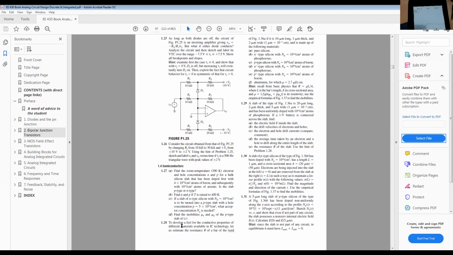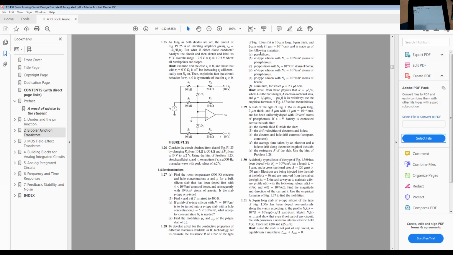To develop a feel for the conductive properties of different materials available in IC technology, let us estimate the resistance R of a bar of the type of figure 1.36a.